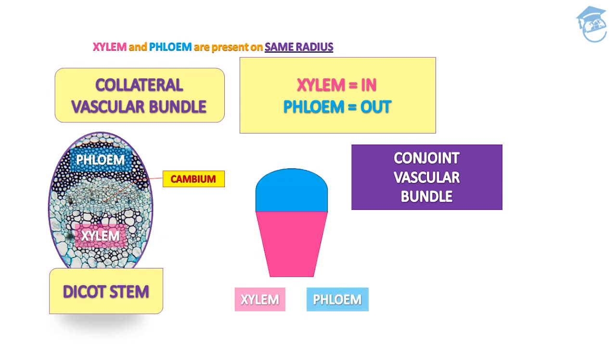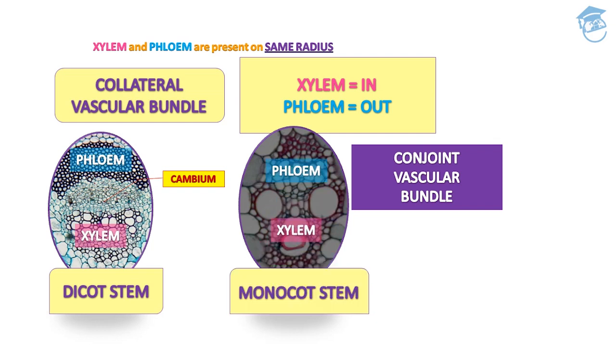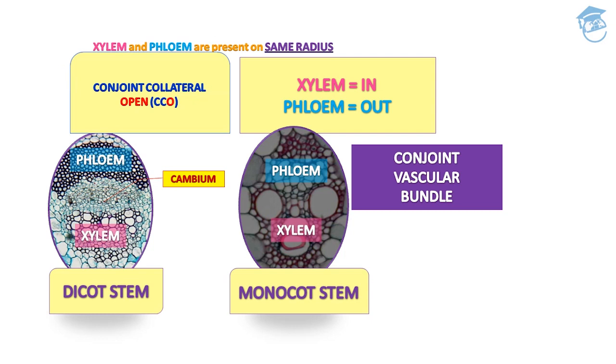Now comes the one without cambium, and it is found in monocot stem. See, this is xylem and this is phloem, and it is found in monocot stem, and that is called conjoint collateral closed. Why is it called closed? Because no cambium is present.